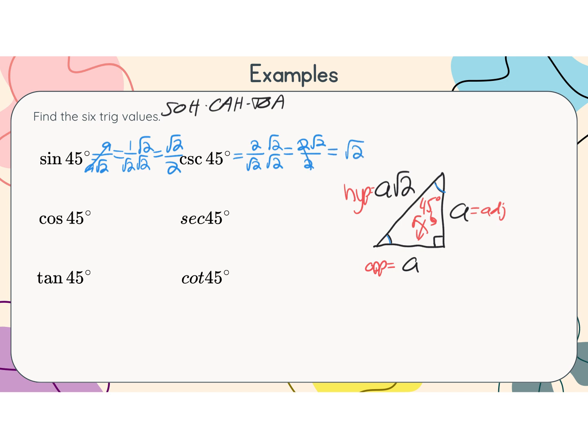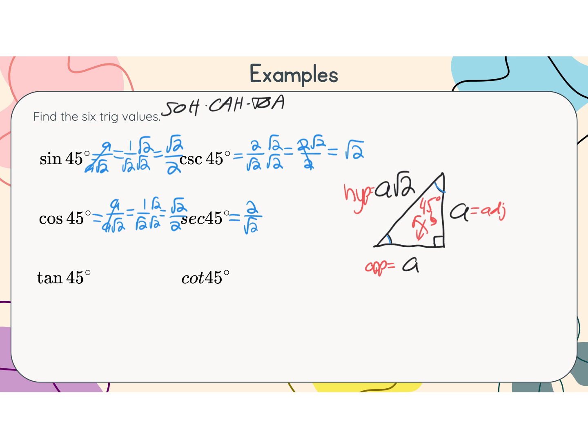Now, if you do cosine, we get adjacent over hypotenuse, which is also going to be A over A square root of 2. The A's cancel out, and so this is going to give us 1 over square root of 2, and then we get square root of 2 over 2 again. Now, if you flip it, I'm sure you can guess, we get the exact same thing as we got for cosecant.